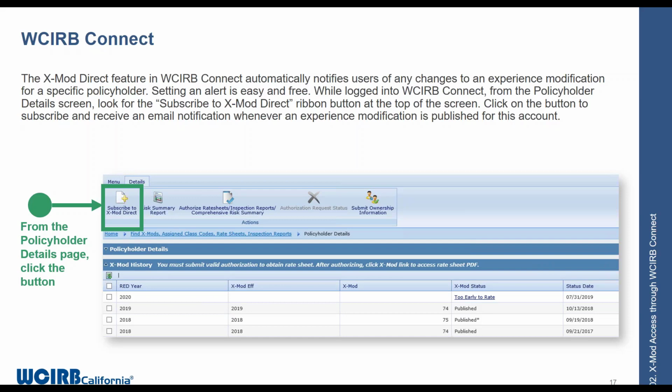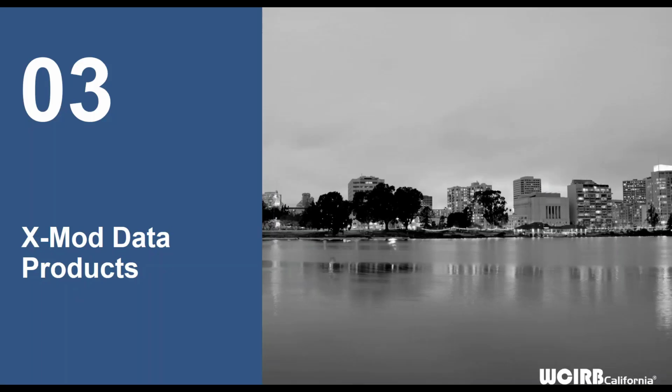And again, you can just go in and click on any policyholder that you want. You don't have to be the agent and broker or the insurer of record in order to do this. And if you're no longer interested, you can also unsubscribe to XMod Direct for any of the policyholders that you have previously selected.